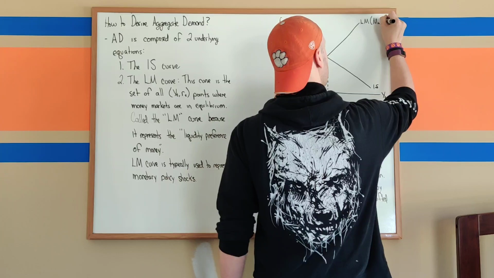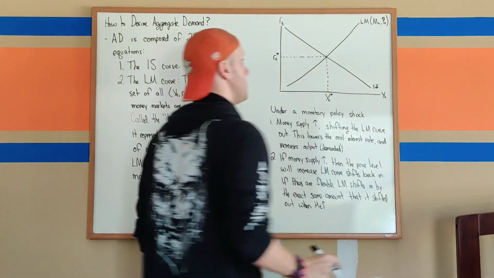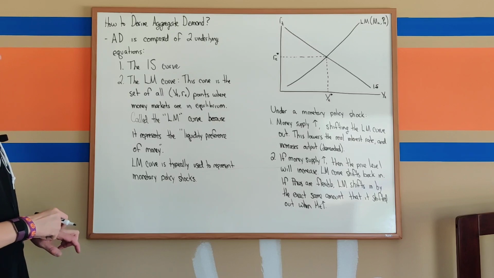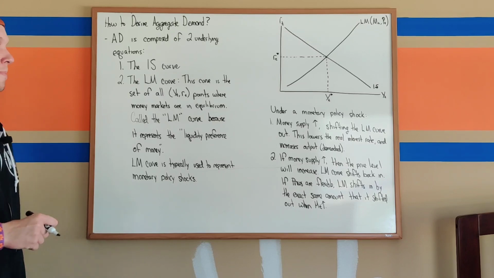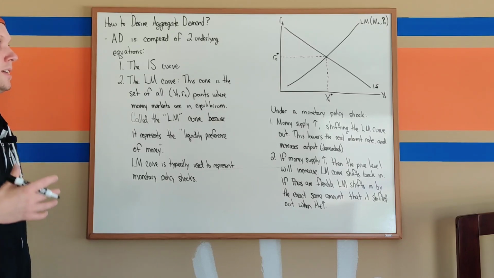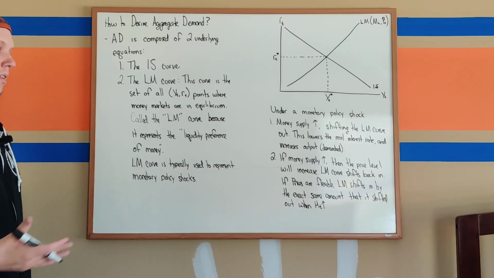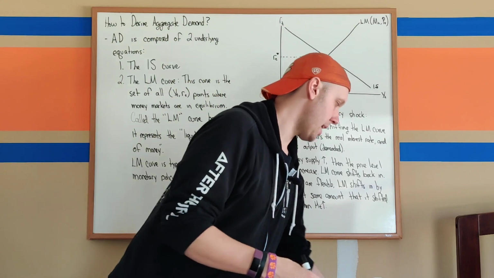So it's a function of money and prices. Now, what I didn't explain is that either a shift to the IS or LM curve will shift demand.